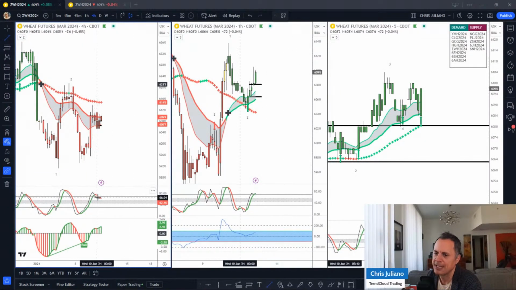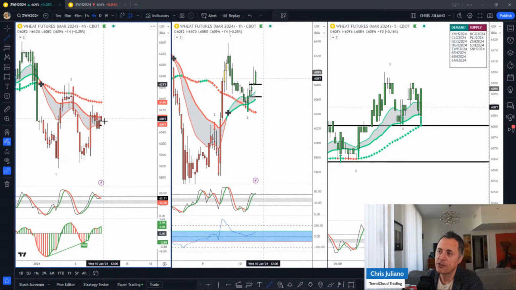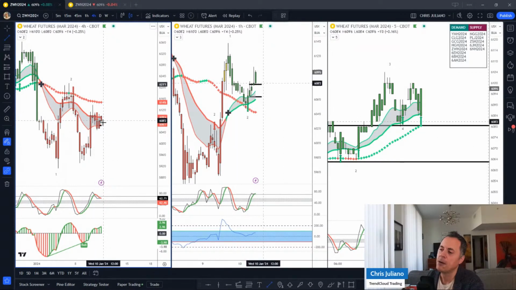See how we're hooking down here on our cycle indicator? This is a downtrend that's starting to impulse down, even though we've got momentum to the upside, right? So what is this thing doing? It's impossible to tell. We can only trade what we see. And what I'm seeing is some mixed signals.